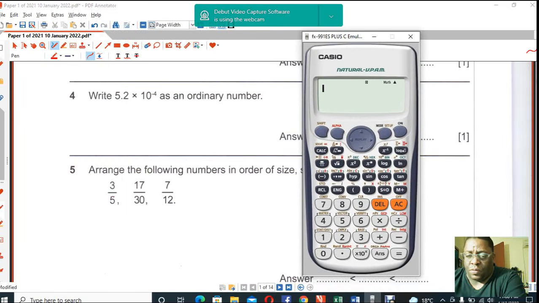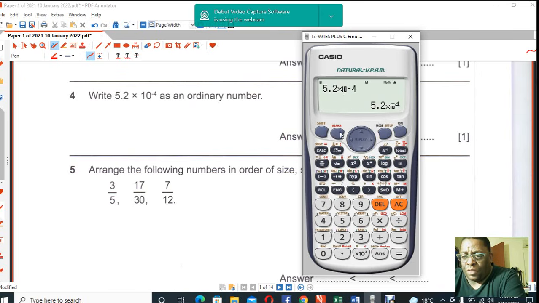So it says you're supposed to write as an ordinary number, so you're going to say 5.2, and I'm using this times 10 raised to the x, and then you just go ahead and type -4 in there on your calculator. Because we want it to be an ordinary number, you see it still gives me the answer in standard form. So I'm just going to go to the setup here and change the mode.